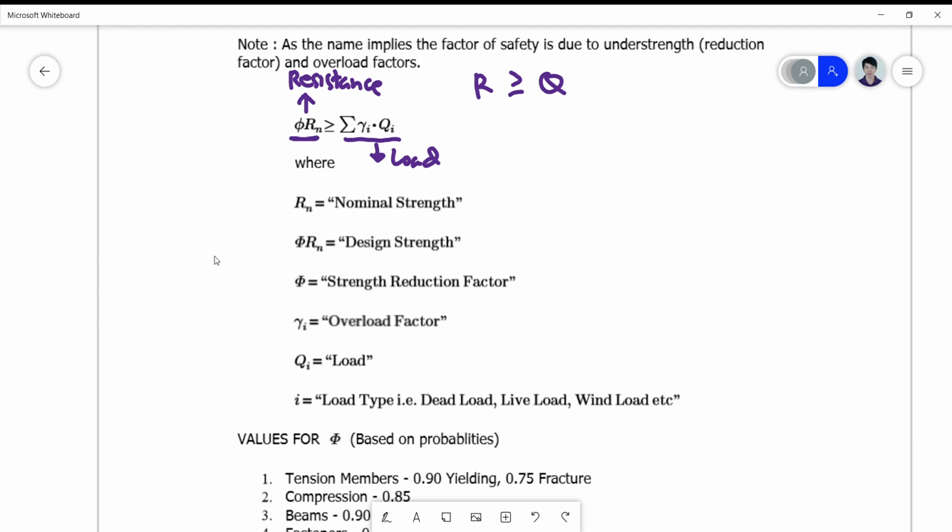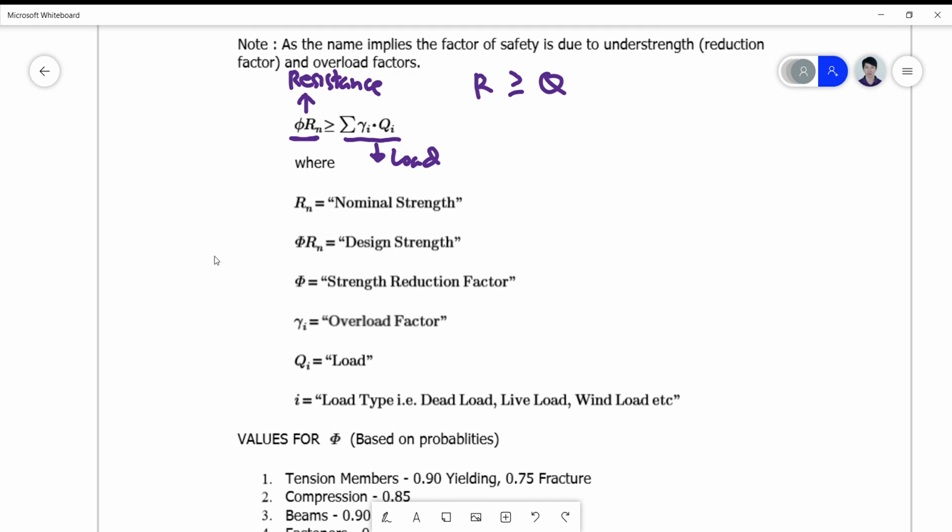So Rn here is the nominal strength, Phi Rn is the design strength, Phi is the strength reduction factor which accounts for some errors, okay, and gamma i are the overload factors which account for some, shall I say, inconsistencies or inevitable circumstances as far as the load application is concerned.